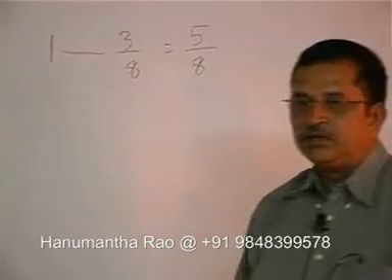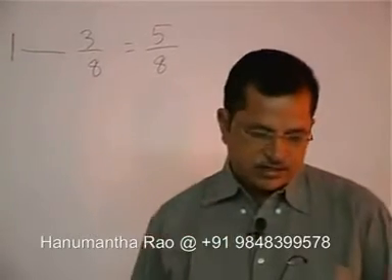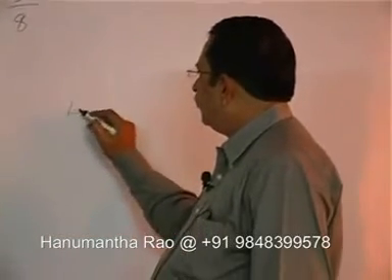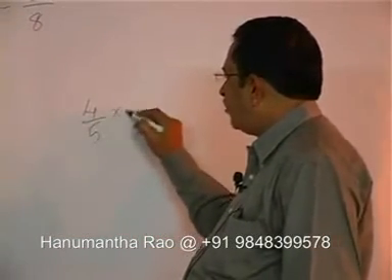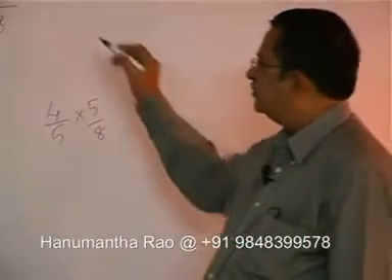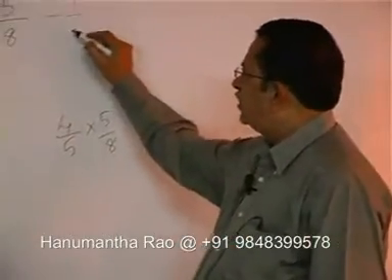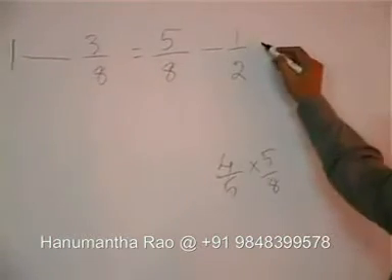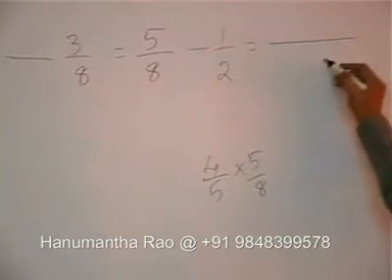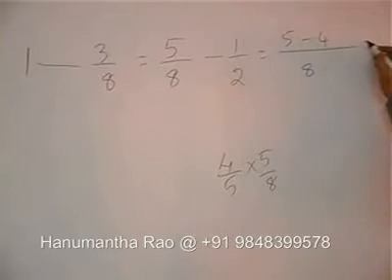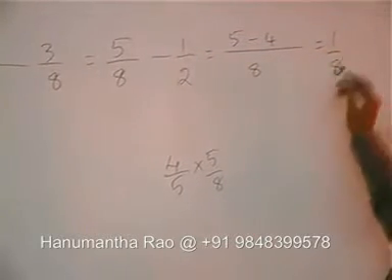So on the second day he read 4/5 of the remaining, means 4 by 5 of 5 by 8, that is 1 by 2. So 1 by 2 he read on the second day. 5 by 8 minus 1 by 2 is 1/8 of the book left.